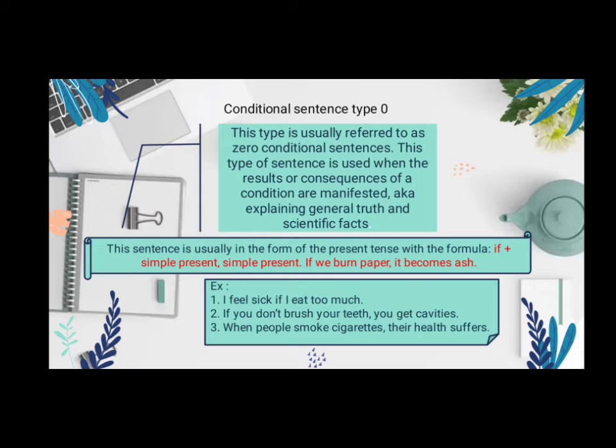This type of sentence is used when the result or consequence of a condition is manifest, explaining general truths and scientific facts. This sentence is usually in the present tense with the formula if plus simple present, simple present. If we burn paper, it becomes ash.